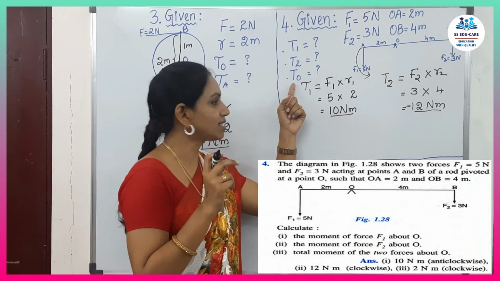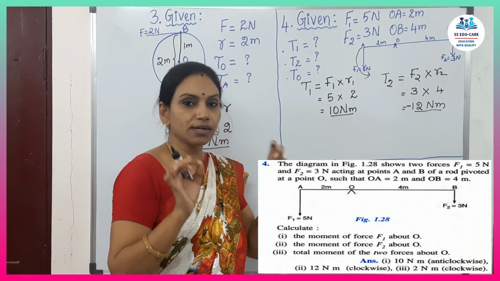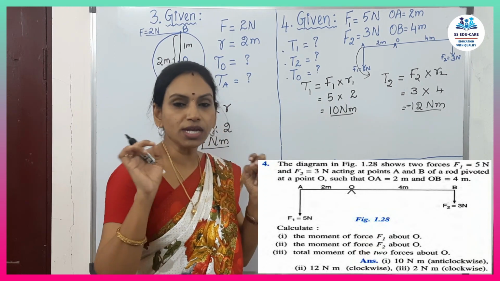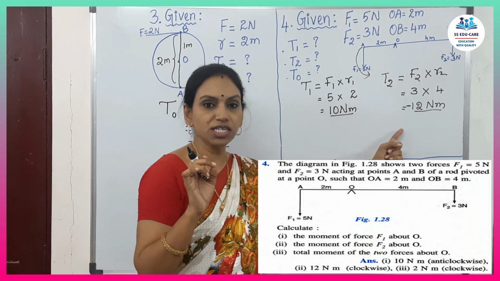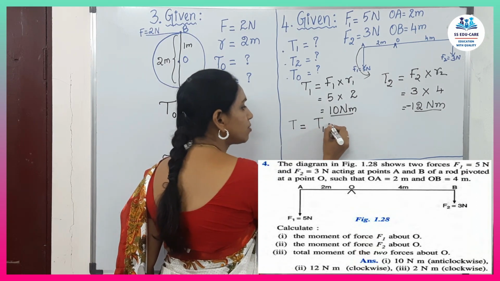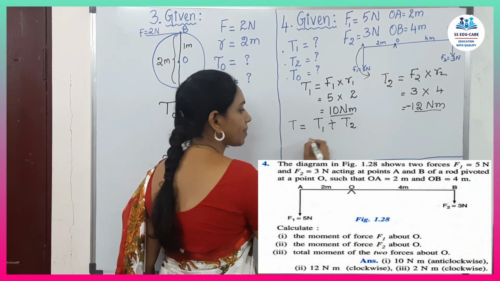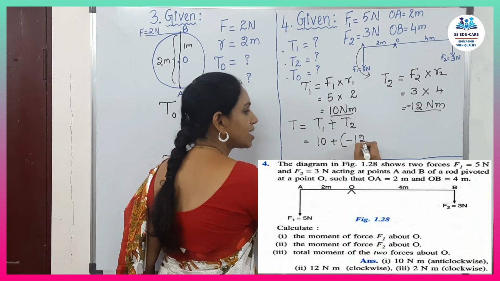Now third, they have asked us to find the resultant moment of force or total moment of forces. For total moment of force, we have to add T1 and T2. So T is equal to T1 plus T2. What is T1? We have got 10 plus minus 12.